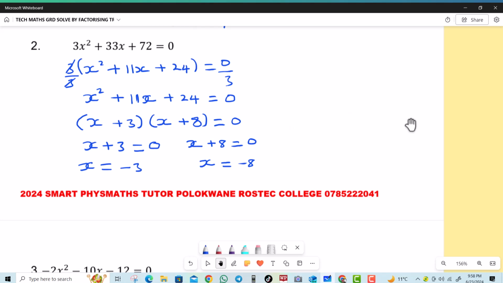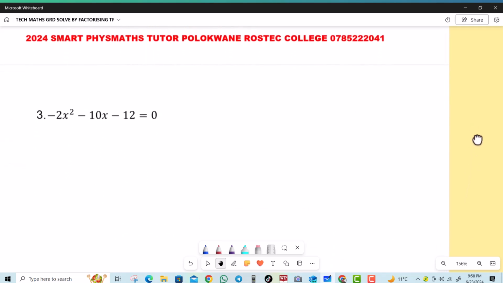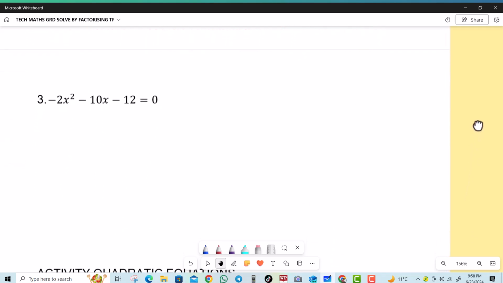Another example of this format, our last example. We have negative 2x squared minus 10x minus 12 equals 0. So the common factor here is negative 2.